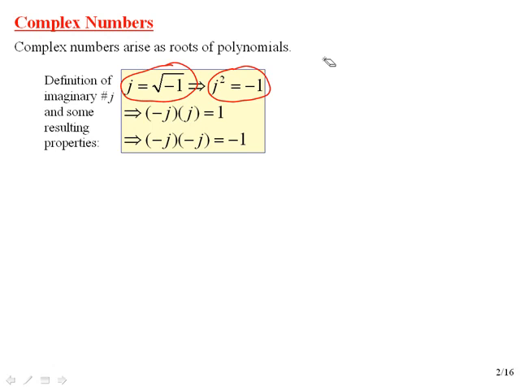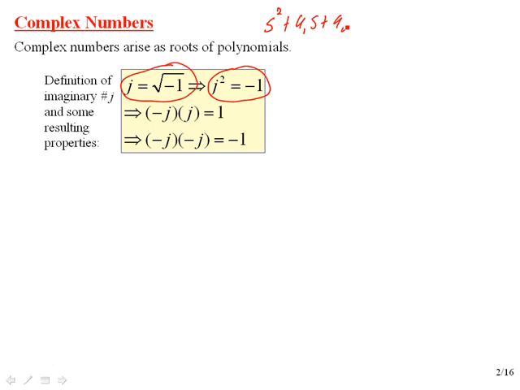Then over the period of 100 years or more, lots of additional theory and applications of complex numbers showed up. Now it should be no surprise that we've already seen complex numbers crop up once when we looked at our characteristic polynomial, say for example s squared plus a1 s plus a0, something like that.